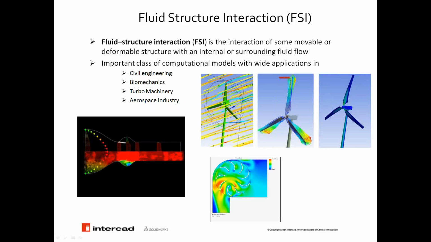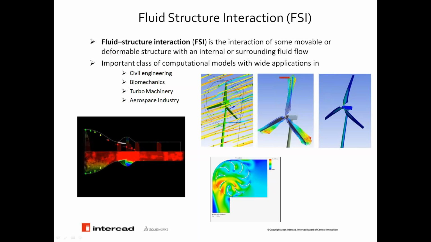FSI is basically the interaction of some movable or deformable structure with an internal or surrounding fluid flow. Everybody on Earth is submerged in a fluid called air, and also within the human body we have enclosures, which are our arteries, veins, and everything. There is a high interaction between the blood and the structure of the artery.